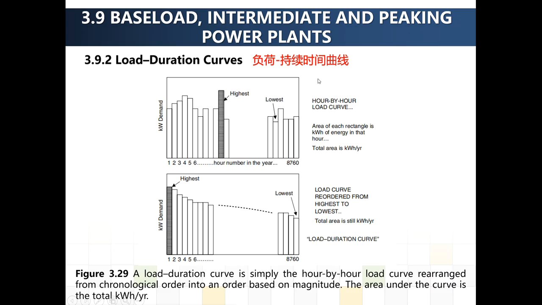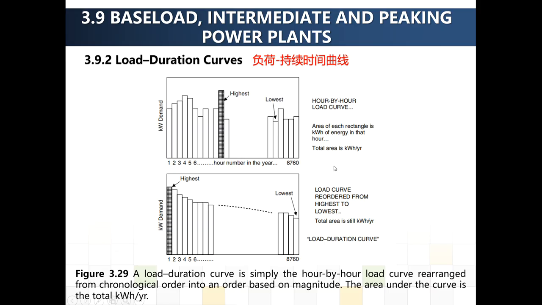Section 3.9.2, load duration curves. Here is another new concept, load duration curves. We know that for each hour, the power generated by the power plant can vary. The load of each hour can vary, and it's not always the same.